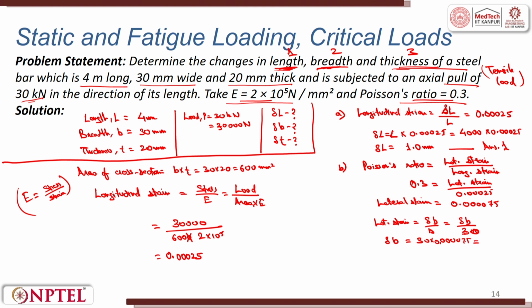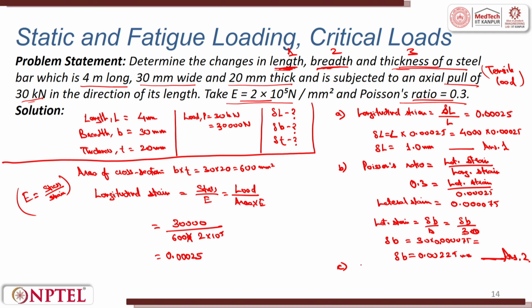This is equal to 75 into 3 is 225. So, this becomes 0.0225 millimeters. This is answer 2. Third part.